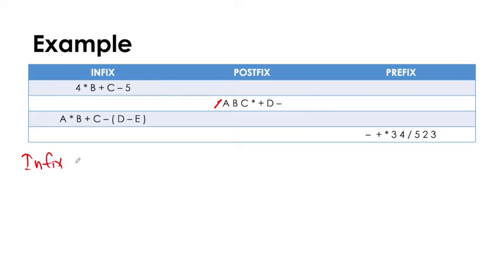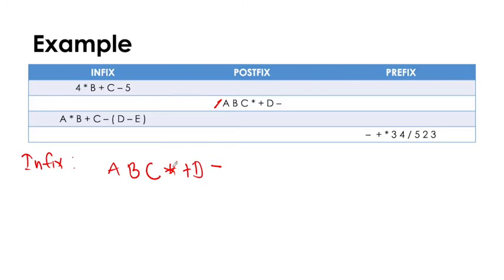So for this one, what I do is I write it down, A B C times plus D minus, and after that I will be moving these operators to the nearest two sets of non-operators.